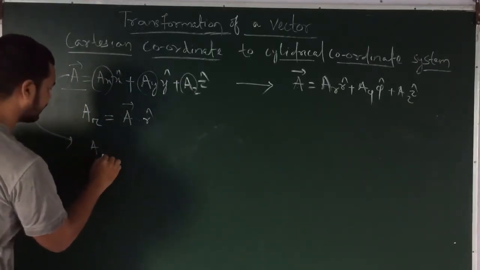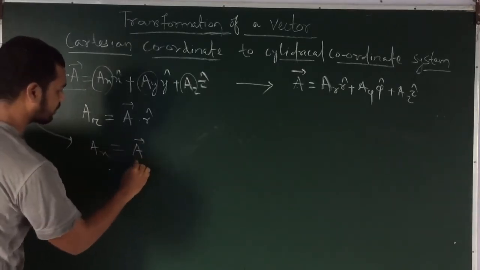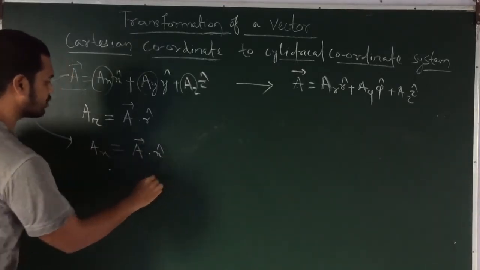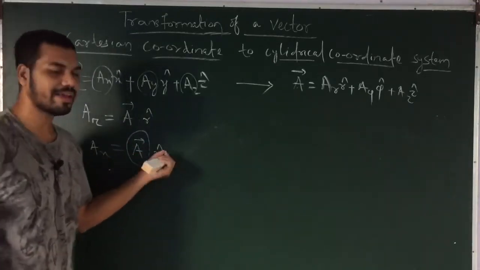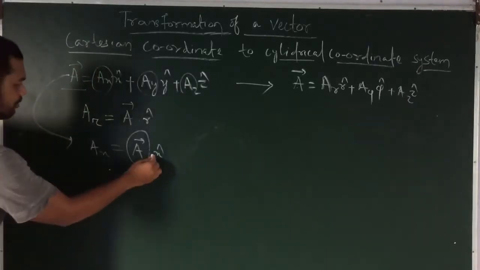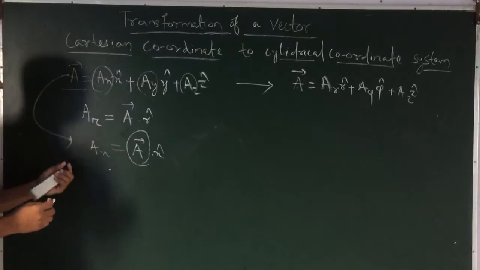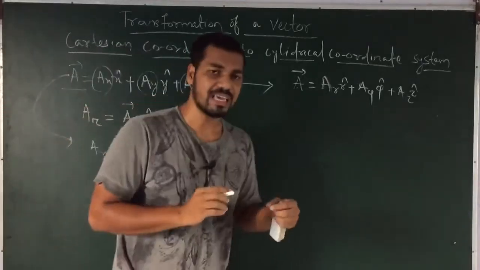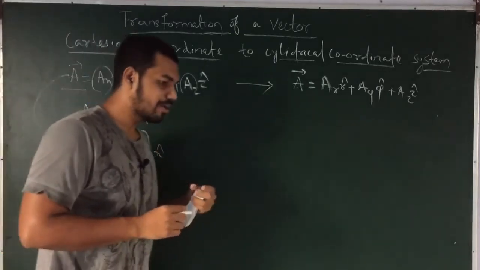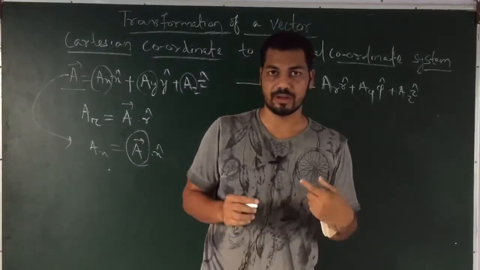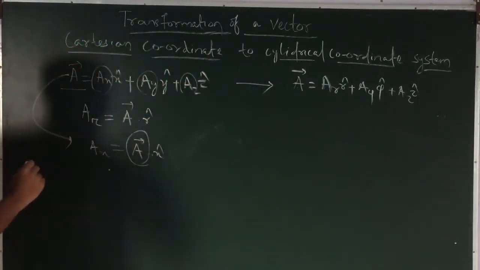If I want to find out Ax, what will I do? I just take the dot product of the vector A with x cap, so that I will get the component of the vector A along the x cap direction. In a similar way, if I take the dot product of the vector A with r cap, then I will get the component Ar of the cylindrical coordinates vector A.